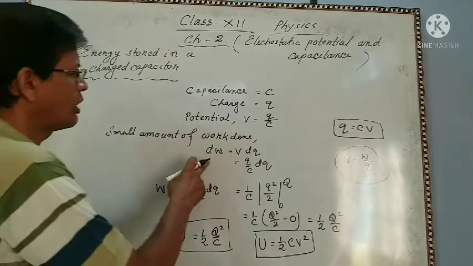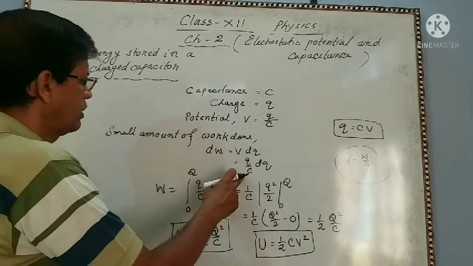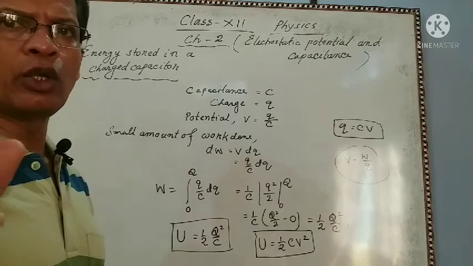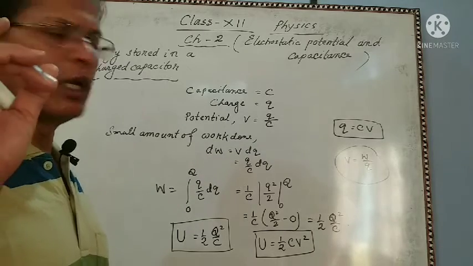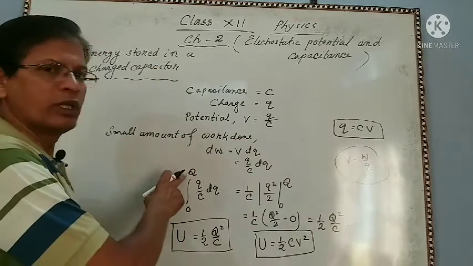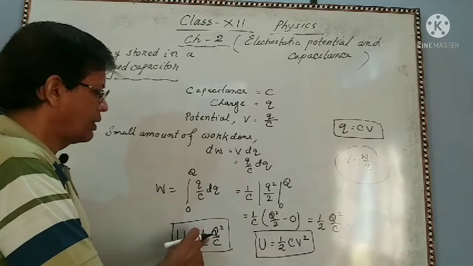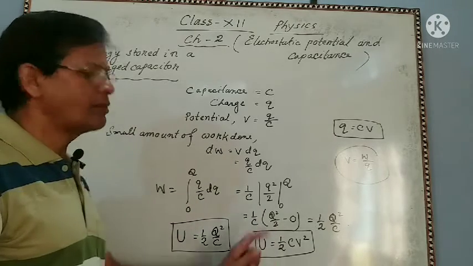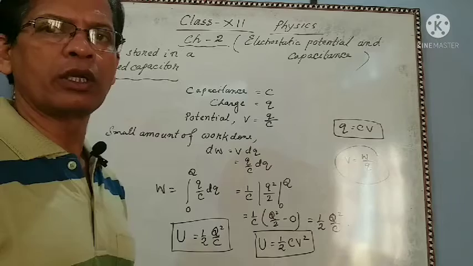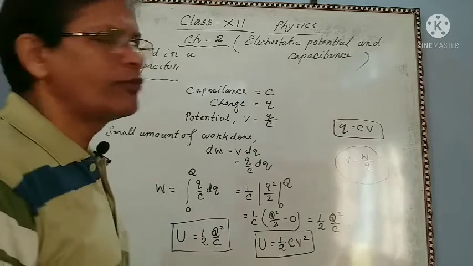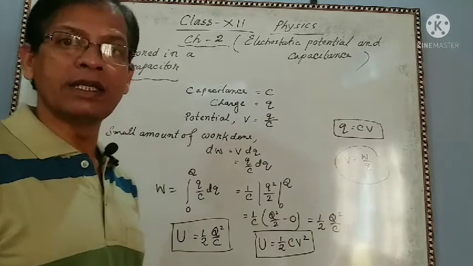To charge the capacitor by an amount Q, we integrate and get half Q square by C or half CV square. Now we will find energy density.